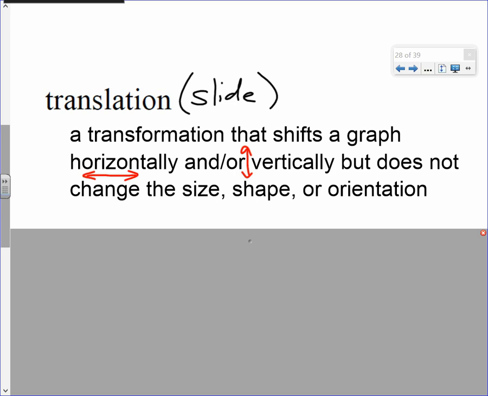That's all this is. So that's one kind of transformation.